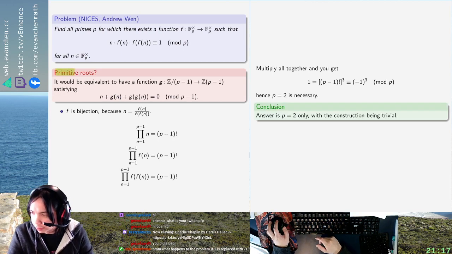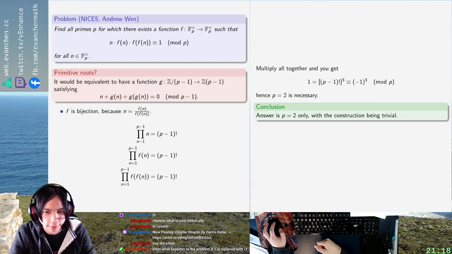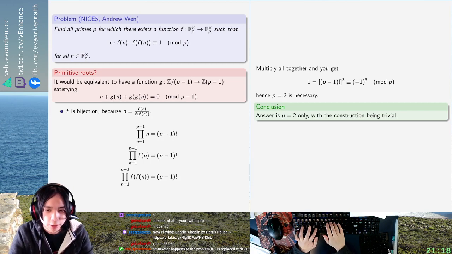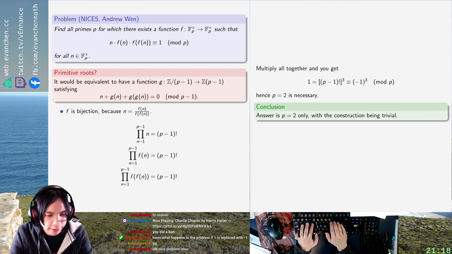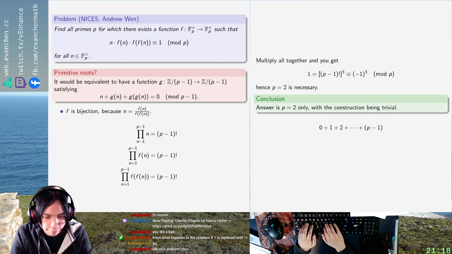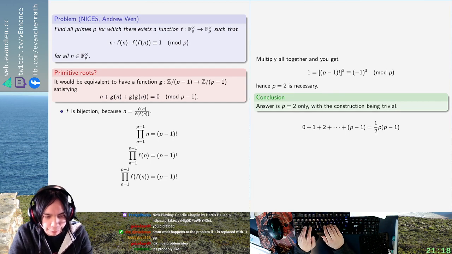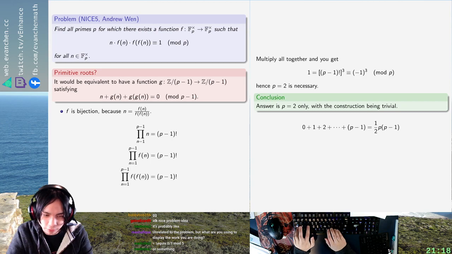I promised I'd touch a bit again on these primitive roots. If you did this, you probably got basically the same situation, except instead of quoting Wilson's theorem, what you will quote is the fact that 0 plus 1 plus 2 up to p minus 2 is equal to half of (p minus 1)(p minus 2), which is not equal to 0 mod p minus 1 because p is odd.